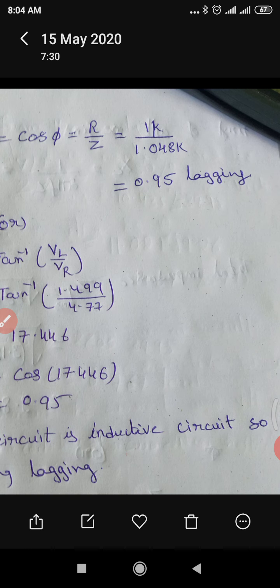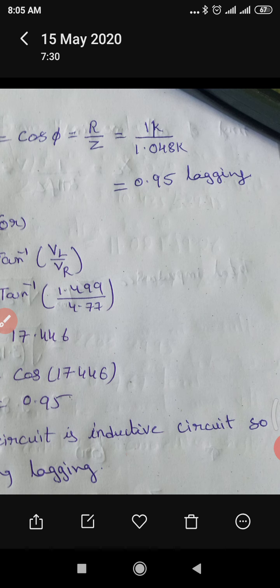After calculating XL and XC, we have to calculate the Z value. How can we calculate Z? Z is equal to R plus j (XL minus XC). After finding the value of Z, we have to find the current I. Current I is equal to V by Z.